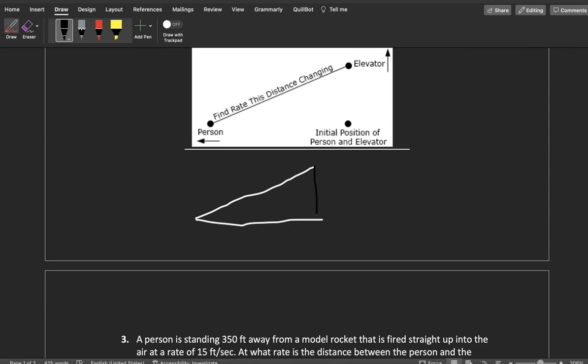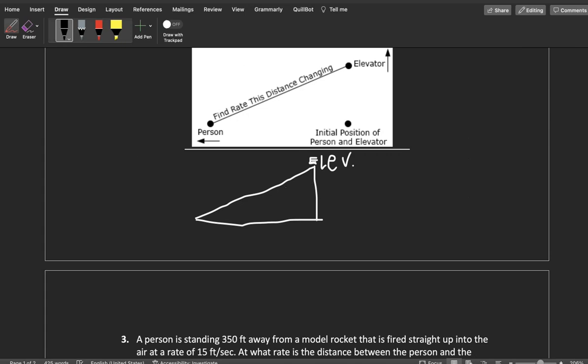You basically have some sort of triangle that looks like this. And the top part here, if you look at the figure just above, this is the elevator. Let's call it E-lev.